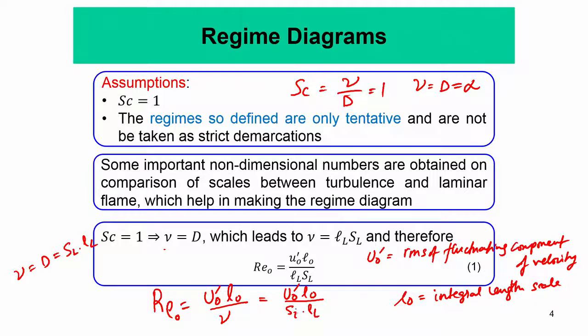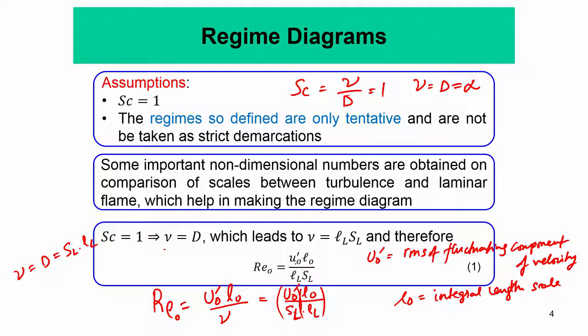Okay. So, the Reynolds number essentially becomes a ratio of your characteristic velocity scales, the turbulent velocity scale to the flame speed scale, times the ratio of the turbulent length scale to the flame length scale. That is what it becomes.